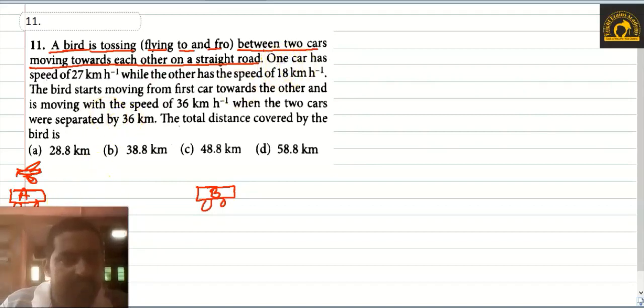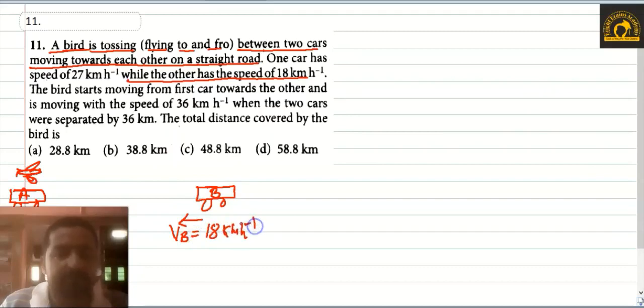One car has speed, the velocity of car A is equal to 27 km/h, while the other has the speed 18 km/h, so the velocity of car B is equal to 18 km/h.